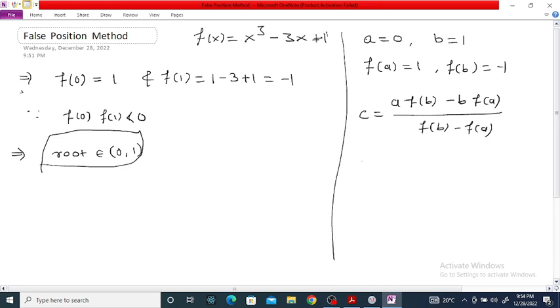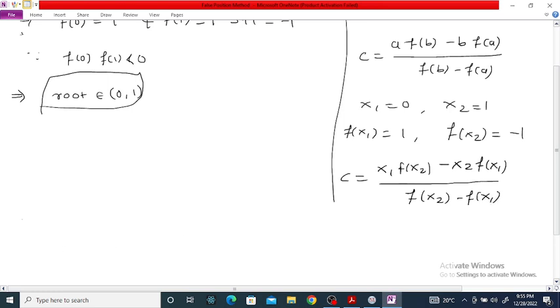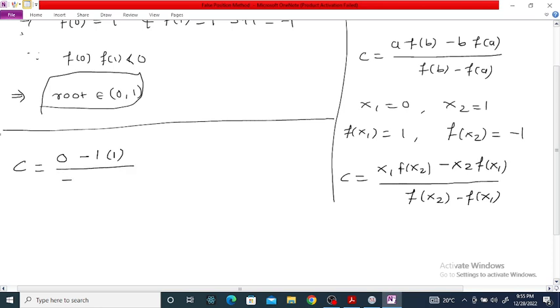In other words, x1 = 0 and x2 = 1, f(x1) = 1 and f(x2) = −1, and c = (x1 f(x2) − x2 f(x1)) / (f(x2) − f(x1)). Therefore c = (0 − 1 × 1) / (−1 − 1) = −1 / −2 = 1/2.